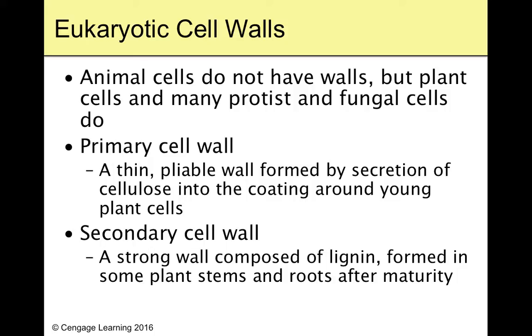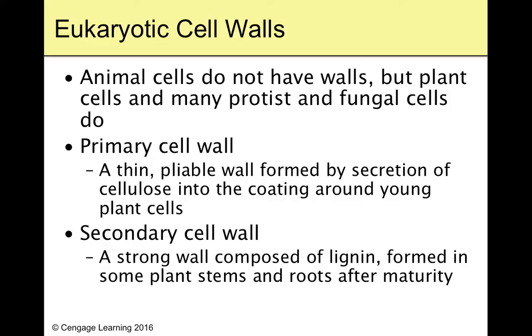And then as those cells age and get stronger, they'll start to put lignin on that cellulose, and that lignin will make it really tough, a little more watertight, a little more bug resistant, and you get a really strong plant cell wall.